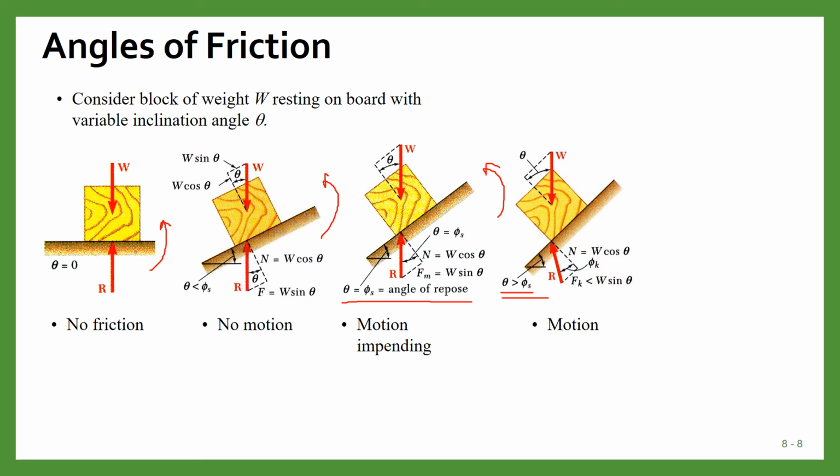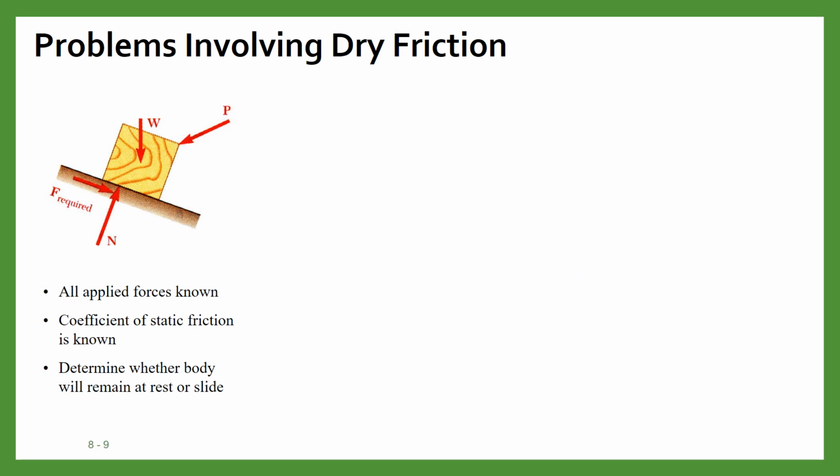To solve problems involving dry friction, sometimes you have a case where all applied forces are known, the coefficient of static friction is also known, and you have to determine whether the body will remain at rest or slide.